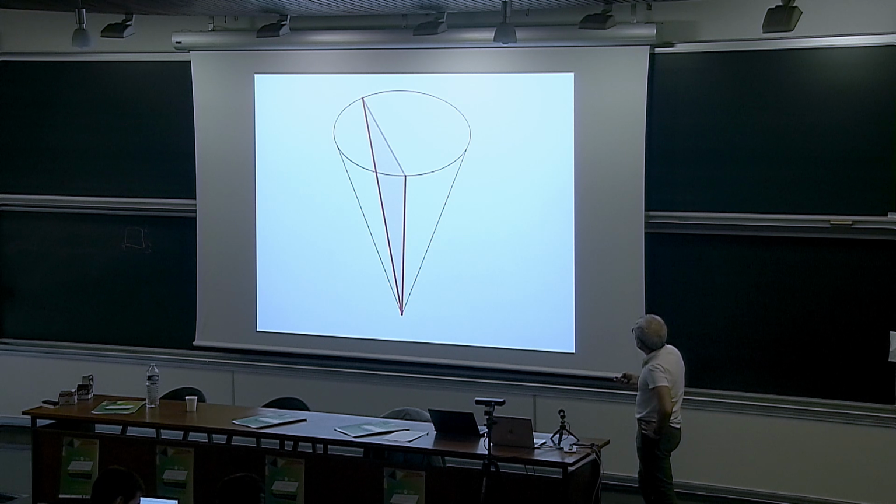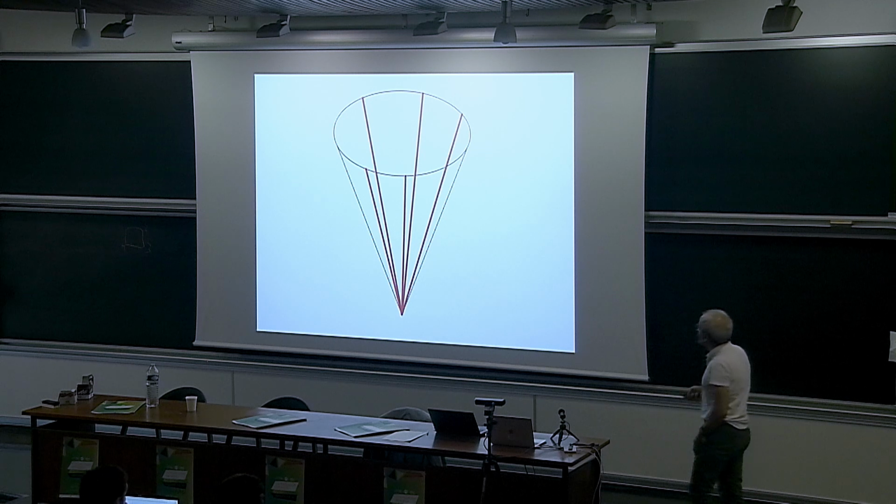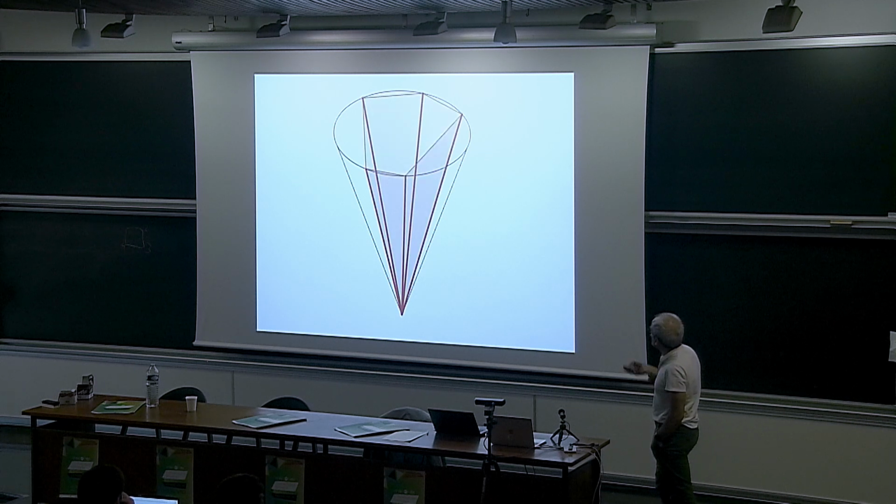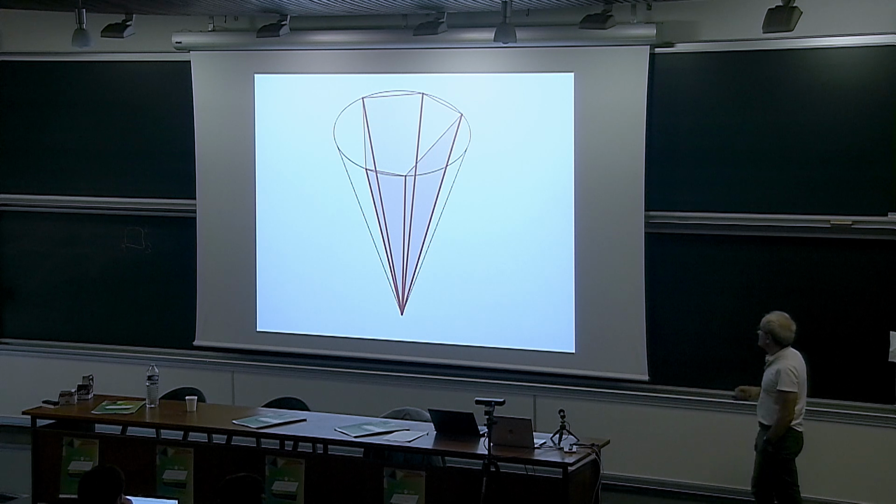And if there are more minimal vectors, like in this situation, then this conic hull will look like this kind of polyhedron.